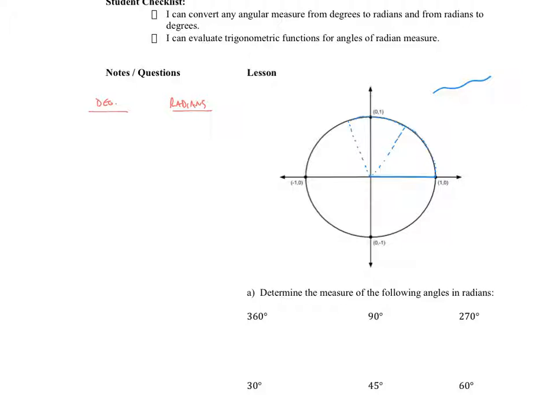I'm going to lay down one more radius, and maybe it takes about that much space. I'm probably underestimating it a little bit. But now you can see that I've got one radius, two radius, three radius, and there is a little bit extra here. And this little bit extra turns out to be 0.14159, and that is a long irrational number that goes on forever and ever and ever.